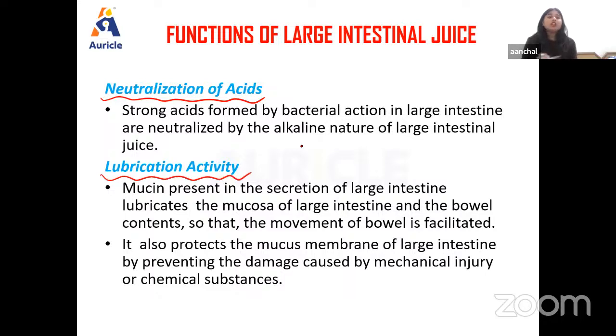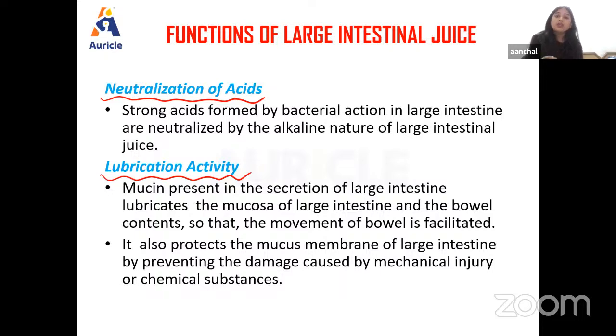As we have seen, there is a presence of some bacteria inside the large intestine also. Because of these bacteria, there will be formation of some strong acids inside the large intestine. Now some ions are required to neutralize that acid.